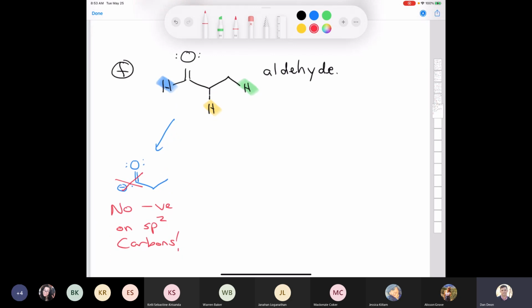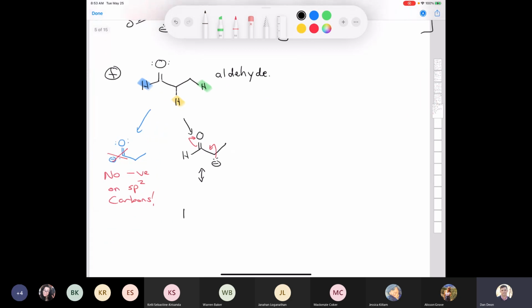If you remove the one highlighted in yellow, however, you would end up with this, where you'd have a negative charge here. What's interesting with that negative charge is that it's resonance stabilized. So we can draw a resonance contributor here, which is going to look like this. So we have our negative charge up here.